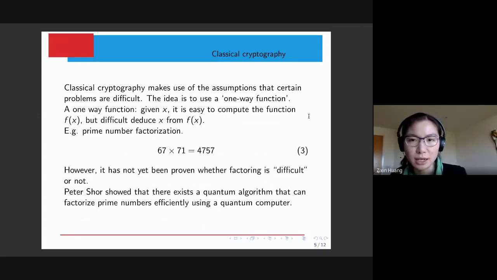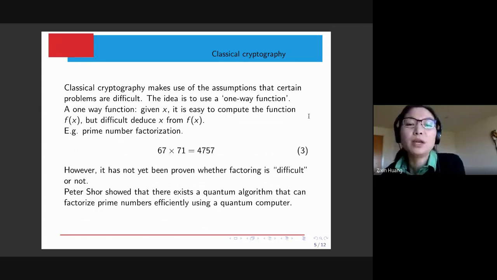So the idea is to use a one-way function. For a one-way function, if you have an input x, it is supposedly easy to compute the function f of x, but it is difficult to deduce the input x from the output, f of x. One example which is actually used is prime number factorization. This is actually what the RSA cryptography system is based on.